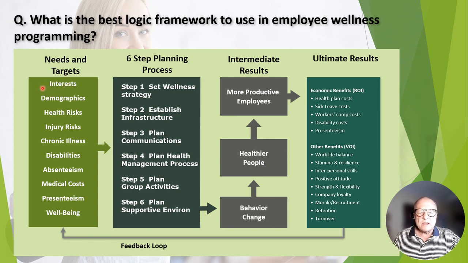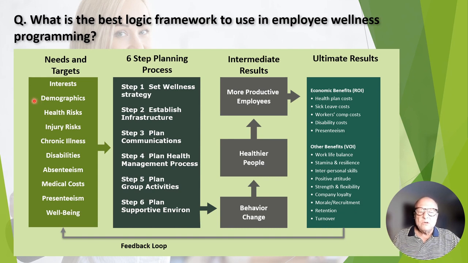And they can include the interests, and we will go deeper into each one of these four areas over the next several weeks. But it can include the interests that employees have about wellness-related topics.